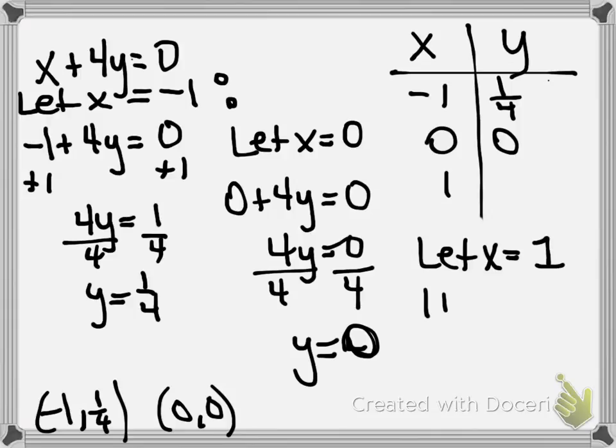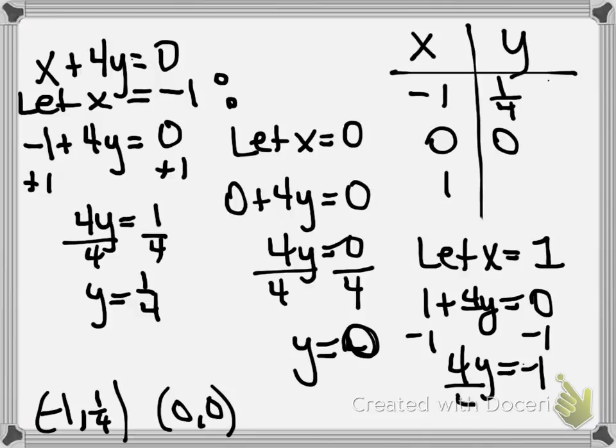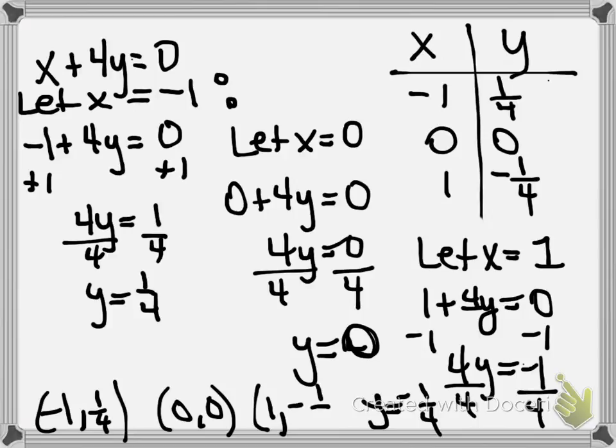That would be 1 plus 4y equals 0. Subtract 1, so 4y equals -1. Divide by 4, and so y would equal -1/4. So we have our third point, which is 1, -1/4.